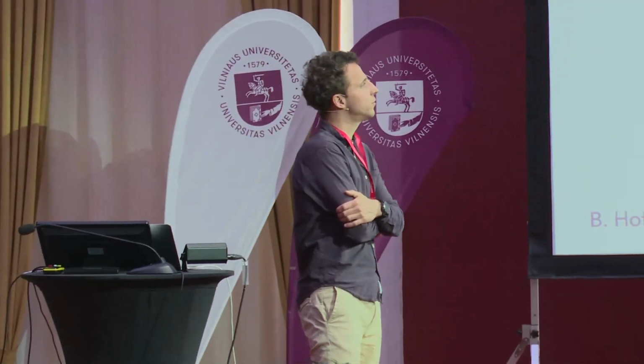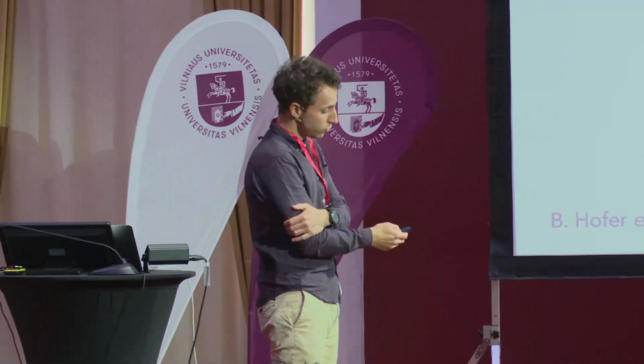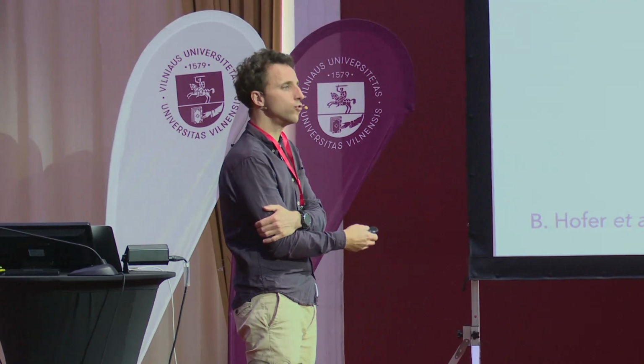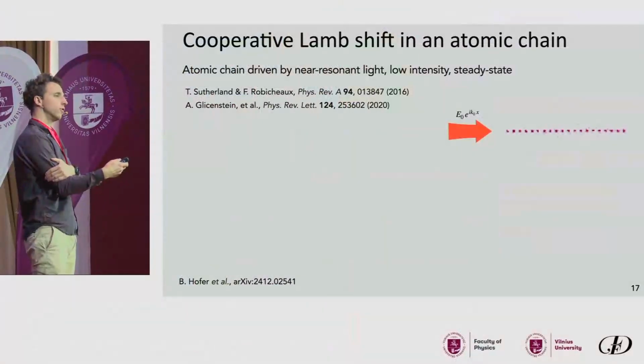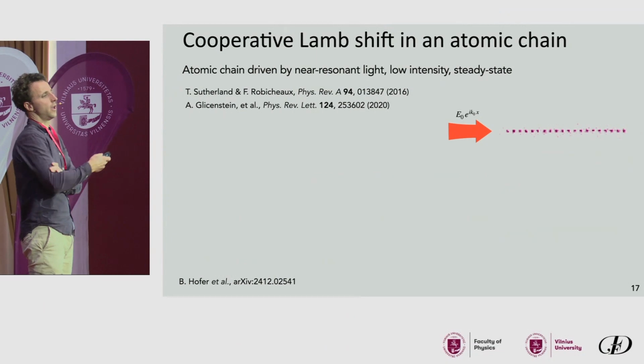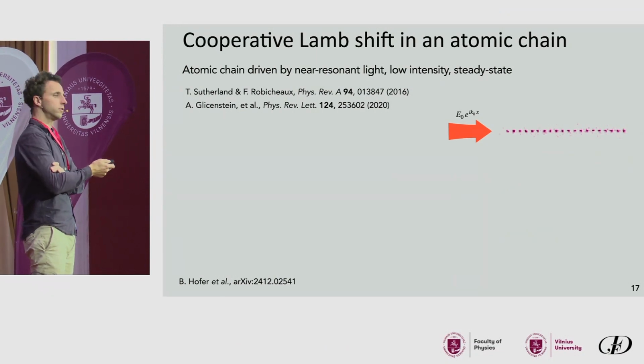It's a very good question. For instance, you take a chain like this, you do the same. You drive the atoms to the steady state, and in steady state, due to collective light scattering, you have non-trivial correlations.